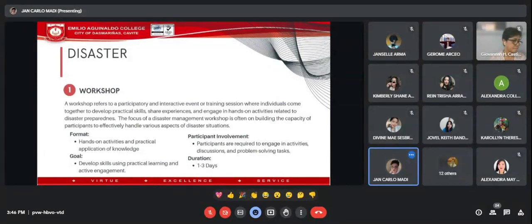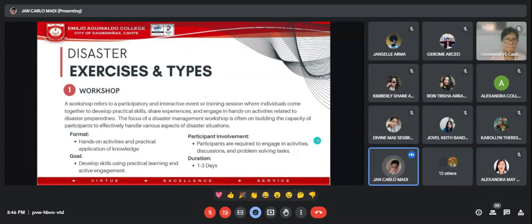Kasi sabi nga po, mas better po na matutunan yung isang bagay kung gagawin po siya through live experience rather than nakaupo lang po at nakikinig lang po. So, ang goal po nito is develop skills using practical learning and active engagement. So, ang participant involvement po nito is participants are required to engage in activities, discussion, and problem-solving tasks.